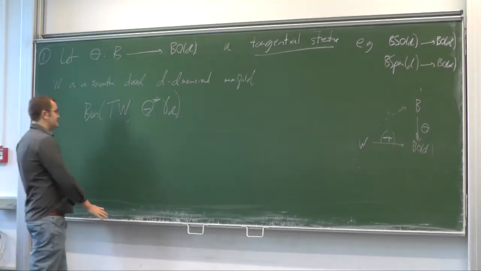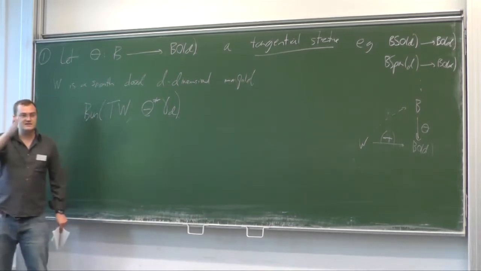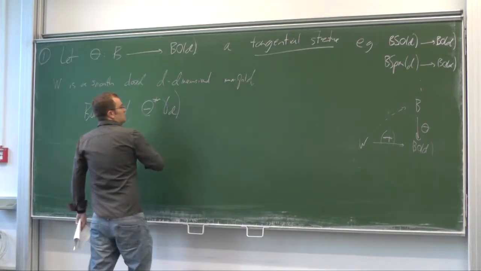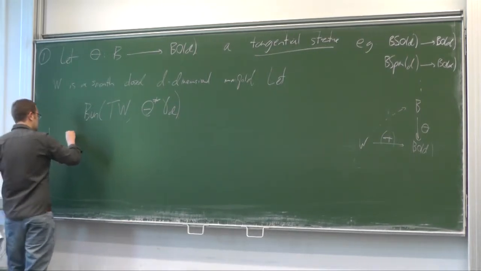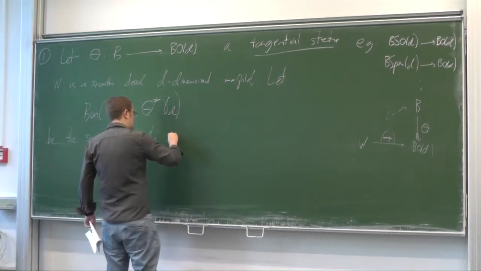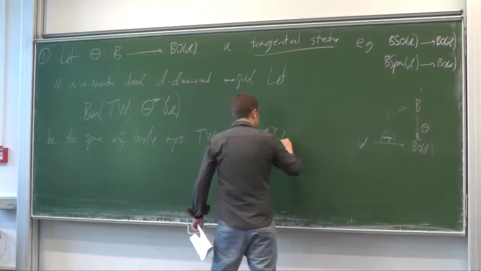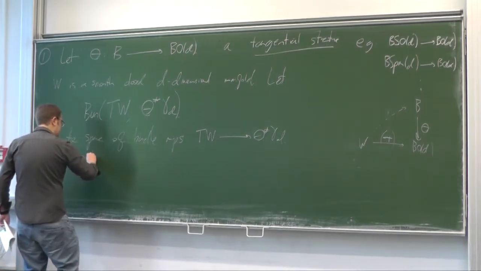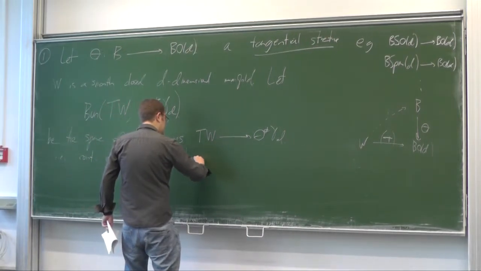So it's just continuous maps from the total space of this bundle to the total space of that bundle, which are linear isomorphisms on every fibre. So let this symbol be the space of bundle maps from TW to the bundle classified by theta, i.e. continuous maps which are linear isomorphisms.